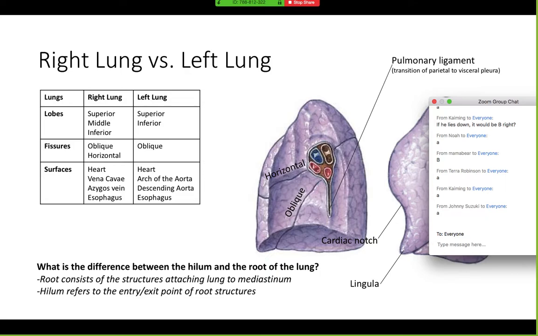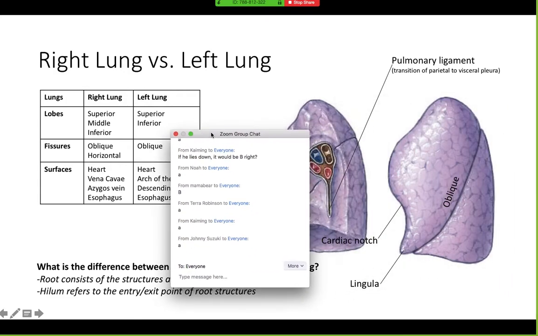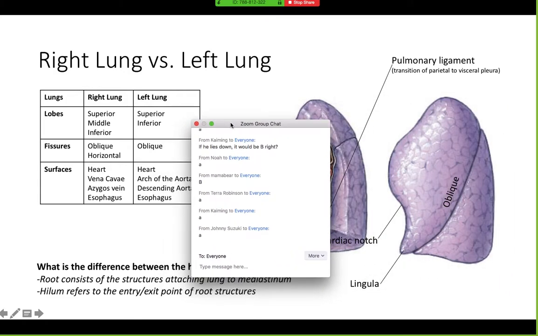And a tricky question that they could ask you is which lobes are these fissures separating? The horizontal fissure in the right lung is separating superior and middle, and then oblique is separating middle from inferior. And then you want to know that the left lung just has a superior and inferior lobe separated by an oblique fissure.